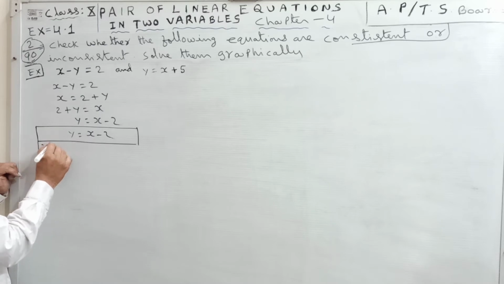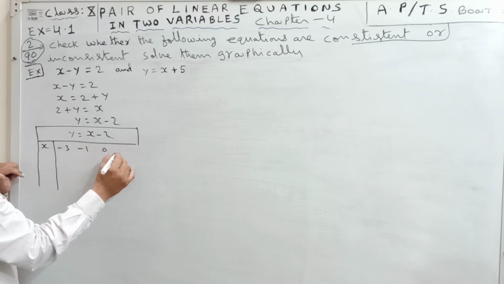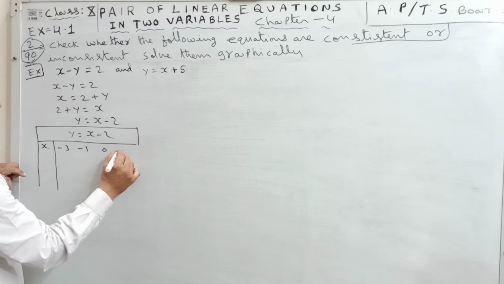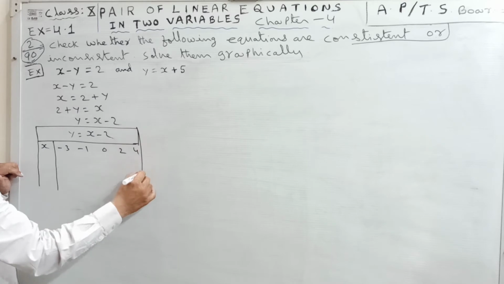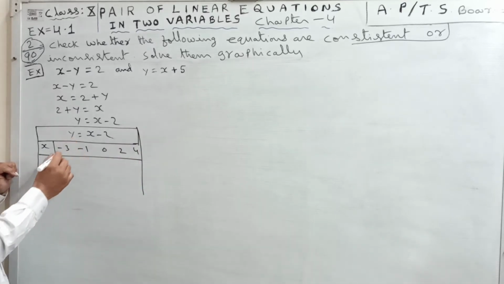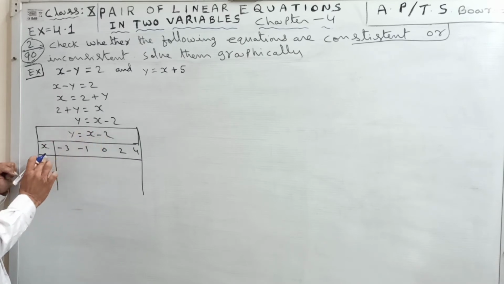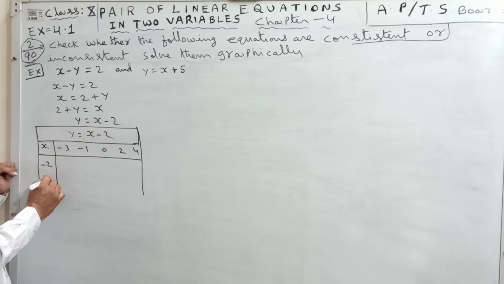So the x values: minus 3, minus 1, 0, 2, 4. We can take any values. Next, y, what is here? X is there already, and here minus 2, so simply write minus 2. By adding these two, y will come. Y is equal to x minus 2.